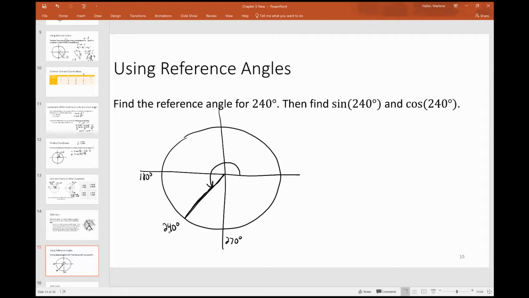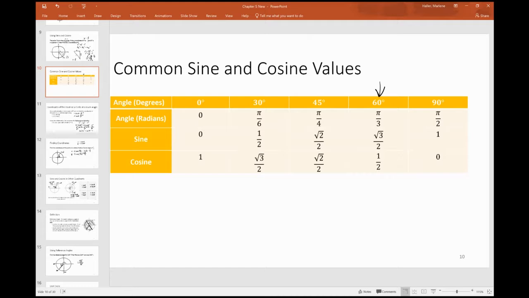What is the reference angle for 240 degrees? The smallest angle between 240 and the horizontal is this guy here. How can we determine what it is? Easy. It's just 240 degrees minus 180 degrees, right? What's that? 60 degrees. If I knew the sine and the cosine for 60 degrees, well, there it is.